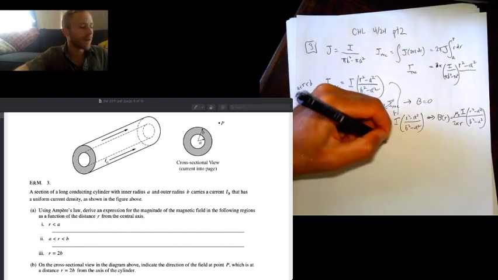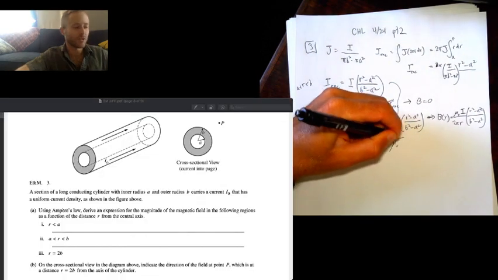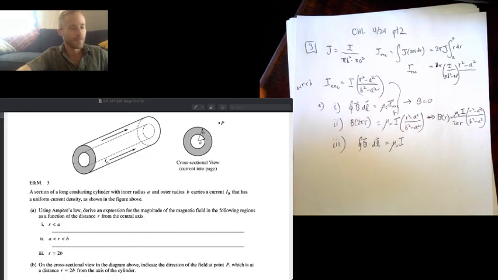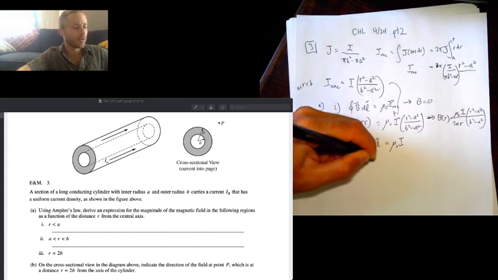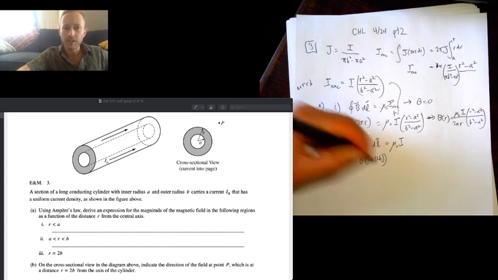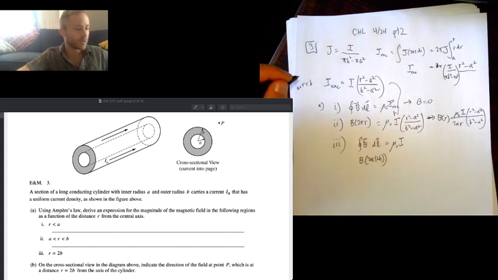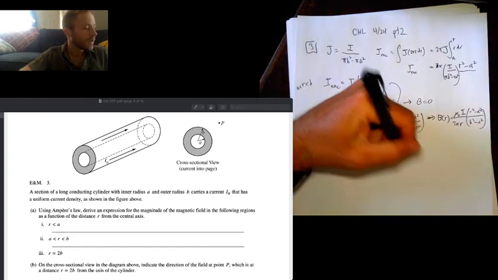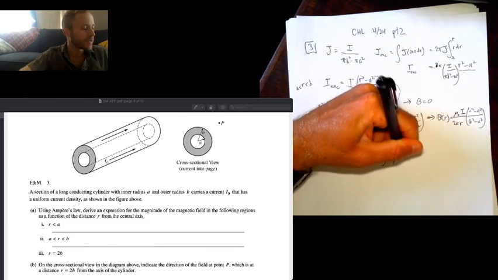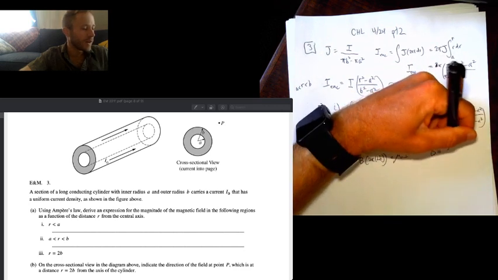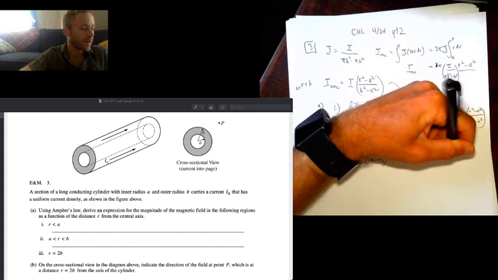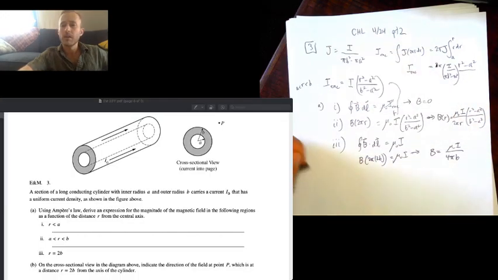And so for that reason, the enclosed current is just all the current, which they said is I. On the left-hand side, we get B times 2 pi 2b, because it says that it's at r equals 2b, so the radius of the circle is 2b. And so we can solve that and get B equals mu naught I over 4 pi b. All right.